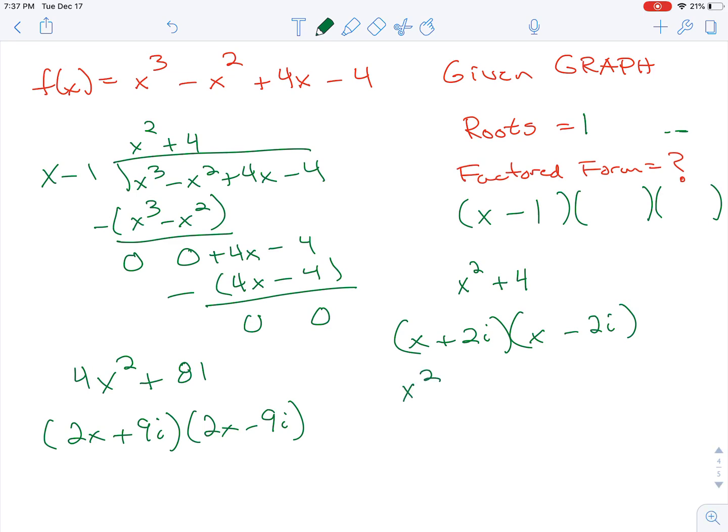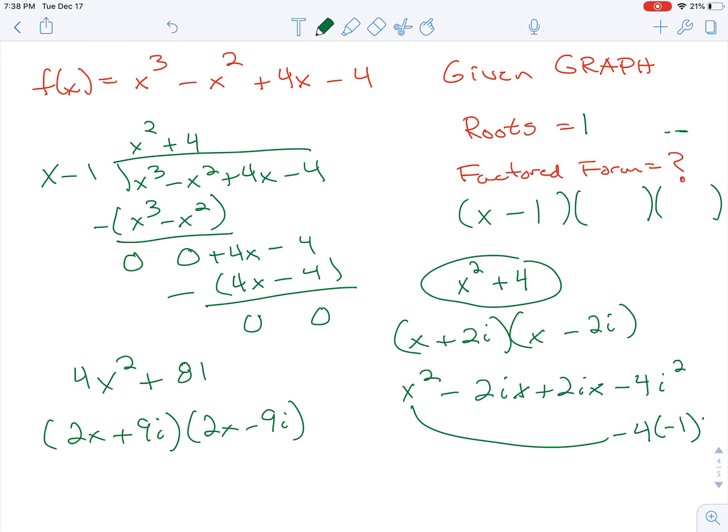Now if we FOIL that, like let me FOIL this one over here on the right, we'd go x squared minus 2ix plus 2ix. And then it'd be 2 times negative 2 is negative 4, and then i times i is i squared. And then if you remember, i squared is equal to negative 1. So we have this as negative 1, which becomes plus 4, and that's how this whole thing turns into x squared plus 4.